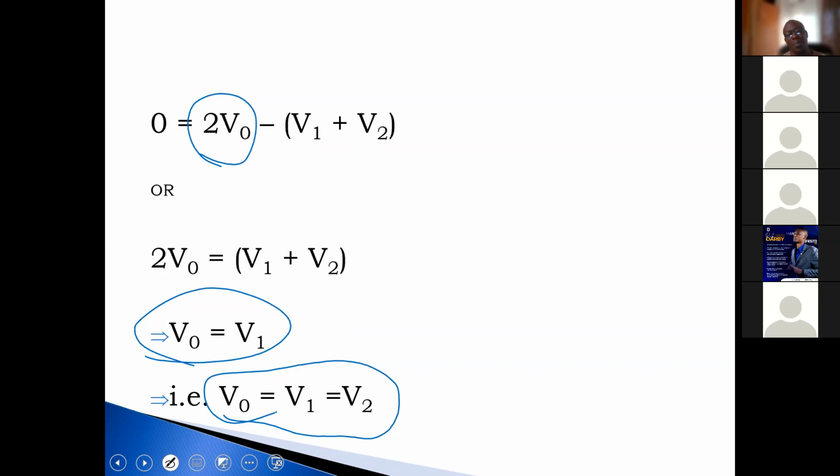Kind of lost. Yeah, I'm asking, if you have three systems, how would they be connected for the voltages to be all equal to each other?